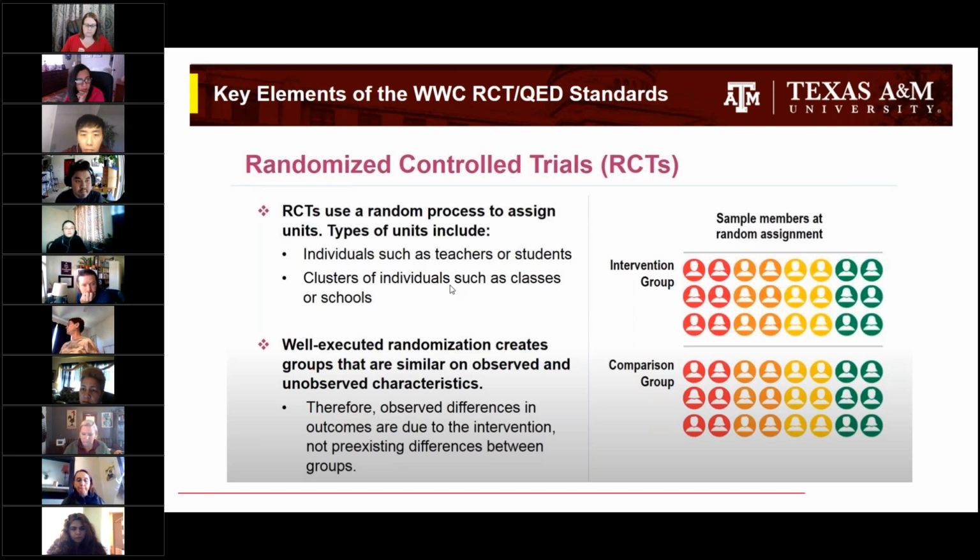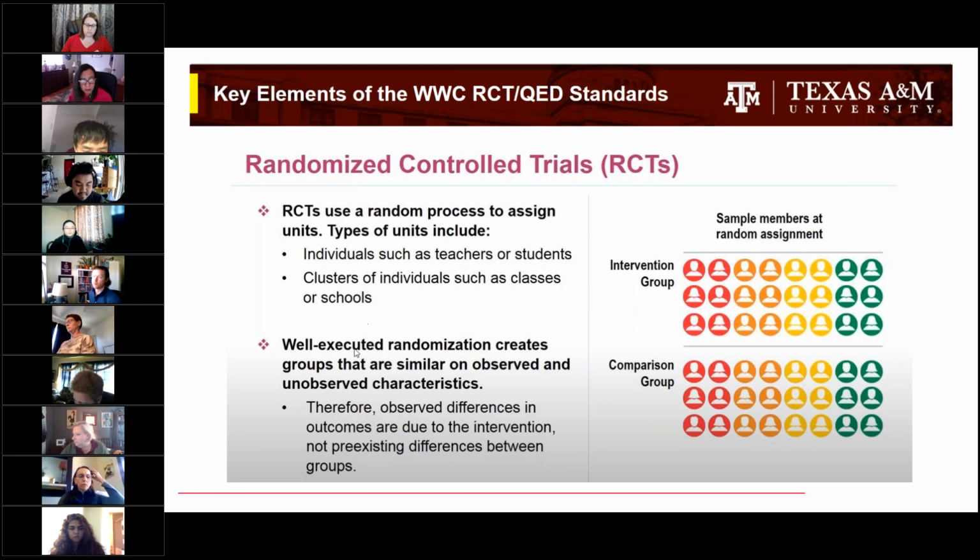However, in one study, the intervention unit may be students, but the randomized unit is the teacher. So it is a cluster RCT, because the students were nested in the teacher or in the classroom.